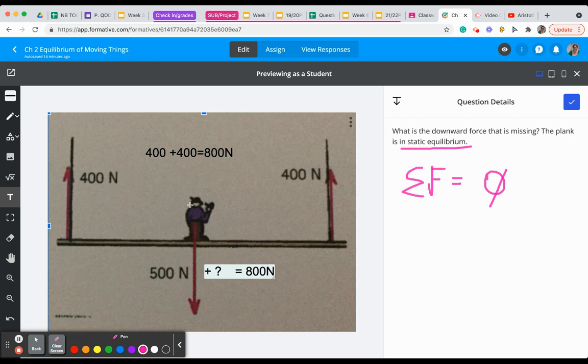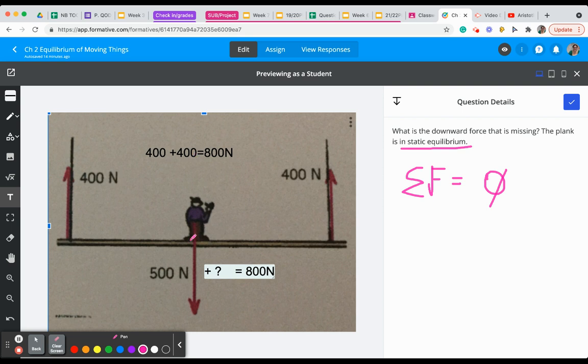We have to have an equal upward and downward force to be in equilibrium, to have that net force equal 0. So if we have upward 800, downward 500 plus unknown equals 800, then our unknown amount has to be 300. So the missing value is 300 newtons.